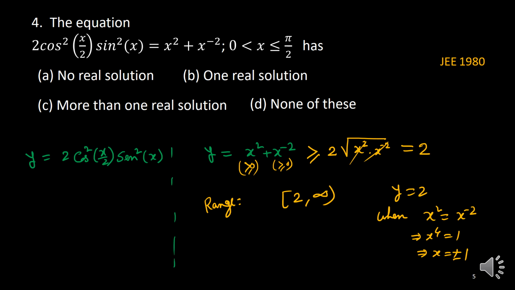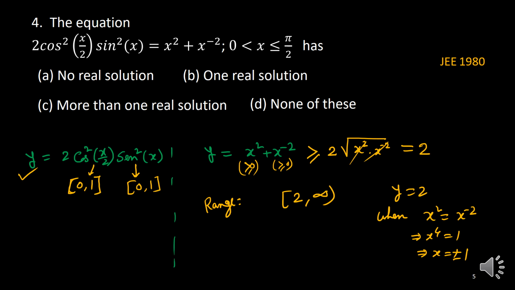Now think about the left hand side. What is its range? Now cos square, this value will be within 0 and 1, because the maximum it could be is 1. And the sin square term also could be 0 to 1.